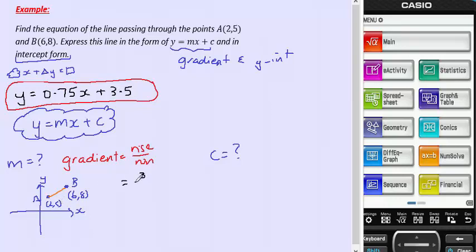So my rise is 3. As I move from A to B, I go across from a distance of 2 to a distance of 6. Remember, my first coordinates give me that. So from 2 across to 6 is 4. So therefore my gradient is 3 over 4, or 0.75.